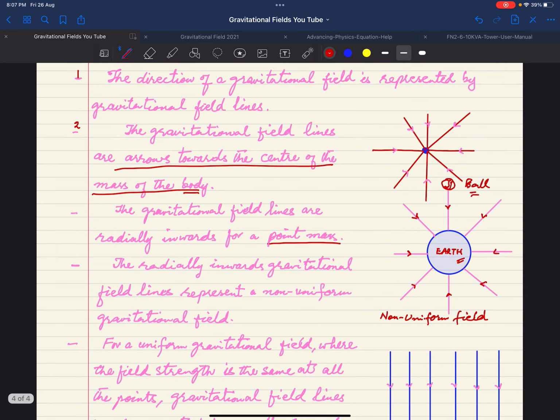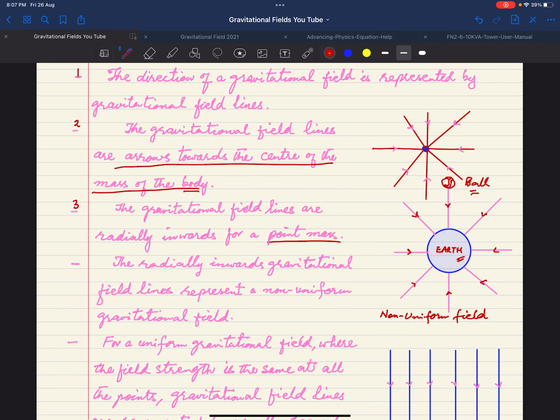In continuation, we can determine another point: the gravitational field lines are radially inwards for a point mass. Remember, we will discuss point mass in detail, but for the time being, we can consider any body as a point mass if the mass of the body is small compared to the distance between the bodies.